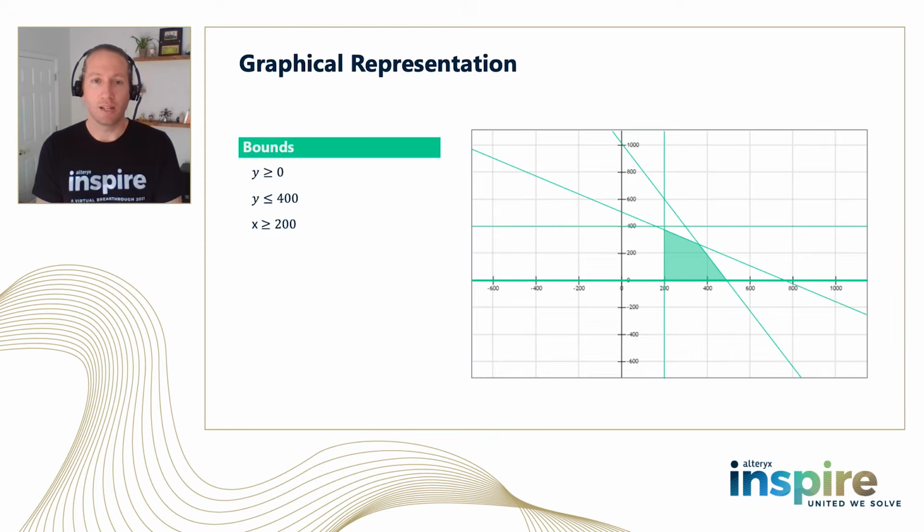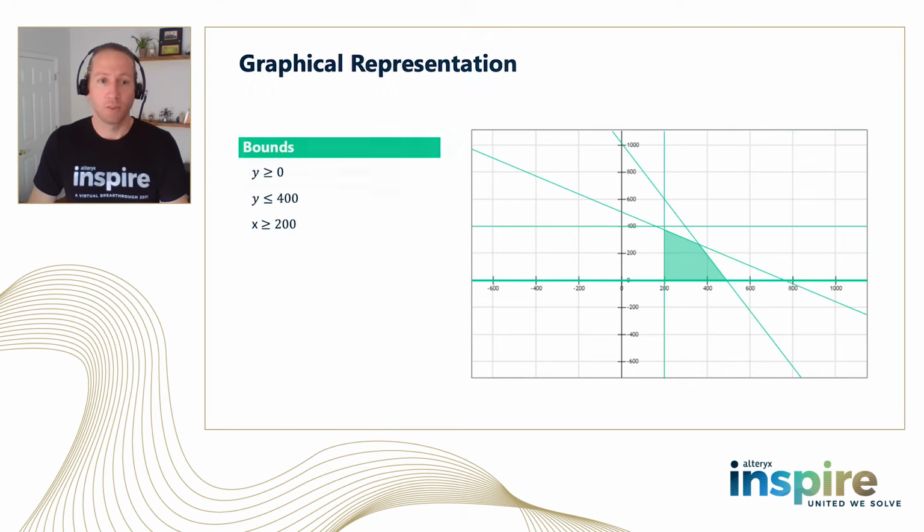Generally, when we're maximizing, in this case revenue, it's probably going to be one of those points that you see at the top left, the diagonal where those two constraints meet, or the point on the right. That's going to be the location of the combination of pants and jackets that will optimize our objective function.